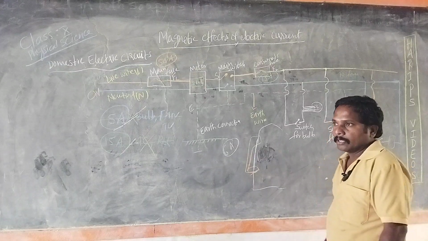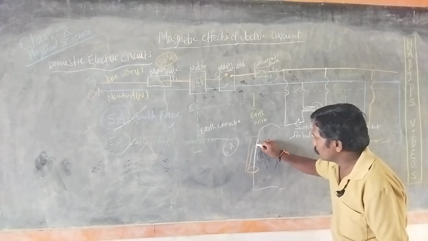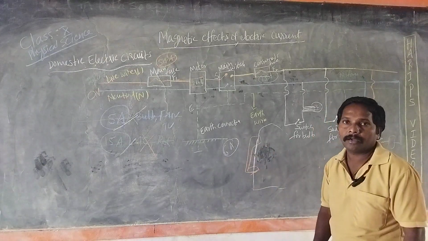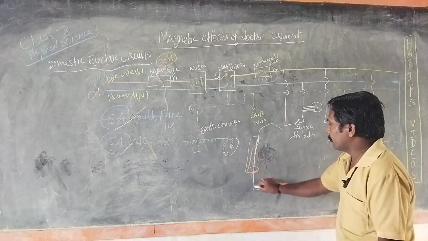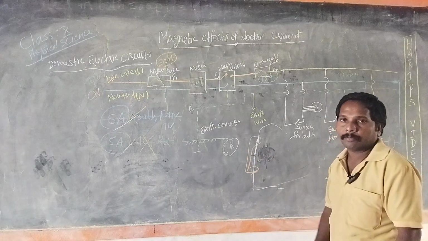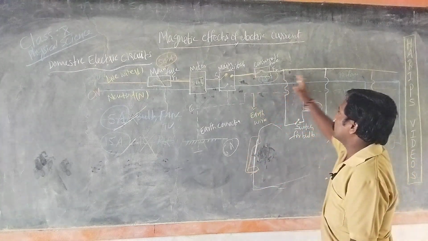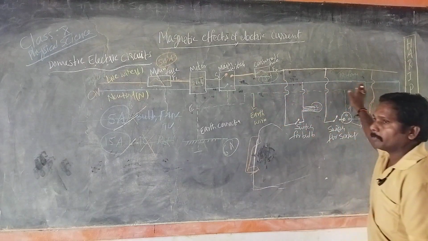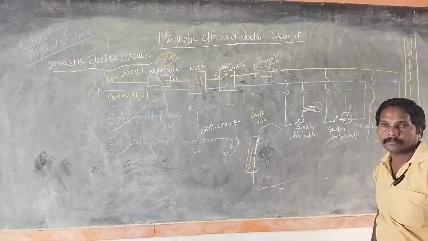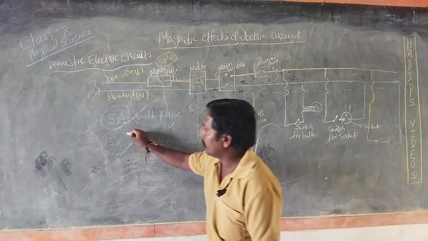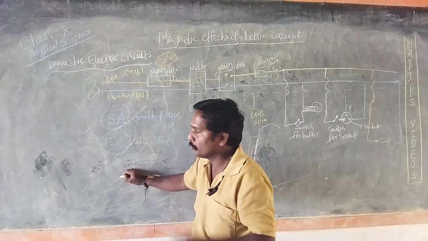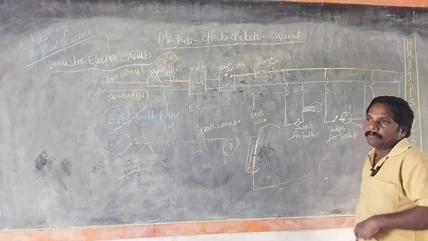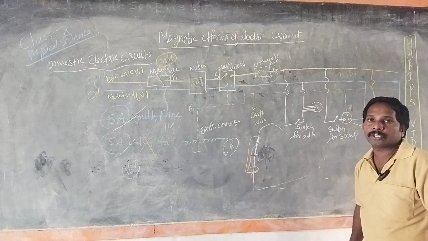So this fuse wire gets heated and melts and breaks the circuit. Once the fuse breaks the circuit, then the electrical appliances do not work and the electrical appliances are safe. Right? So in case through a 15 ampere fuse wire, if 16 amperes of current flows, then what will happen? Fuse wire breaks the circuit.